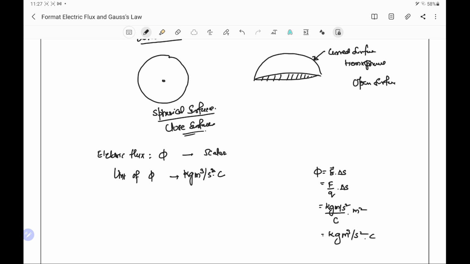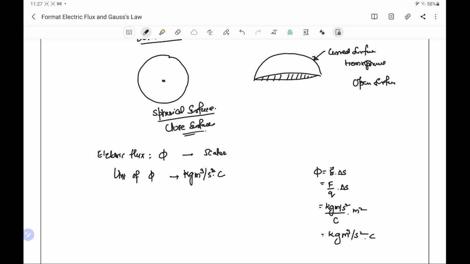Next we take Gauss's law. Gauss law may be defined as the flux of the net electric field through a closed surface equals the net charge enclosed by the surface divided by epsilon naught.